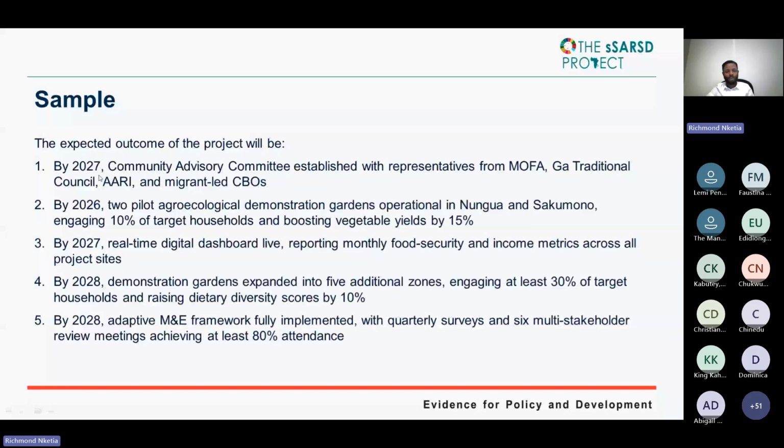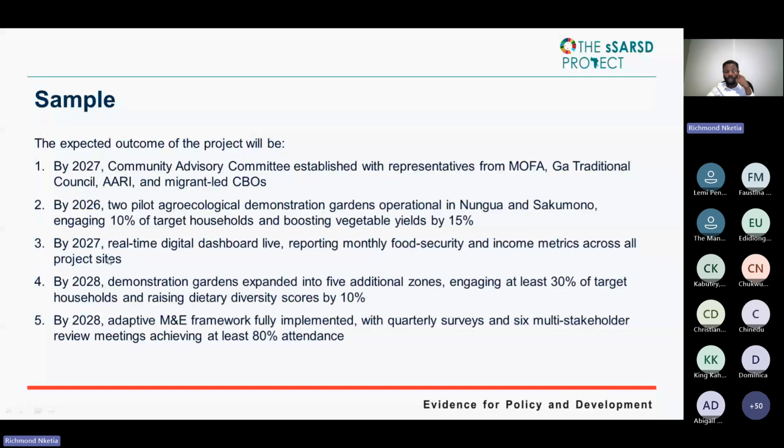By 2026, 2 pilot agroecological demonstration garden operations would have been established in Nungua and Sakumona, and we would have engaged at least 10% of target households, boosting vegetable yields by 15%. By 2027, a real-time digital dashboard would have been launched, reporting monthly food security and income metrics across all project sites.